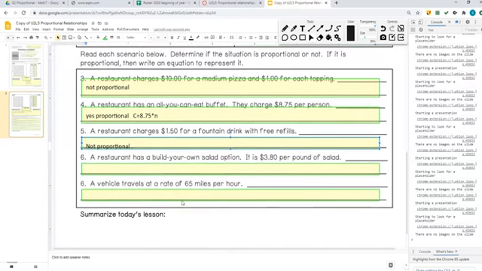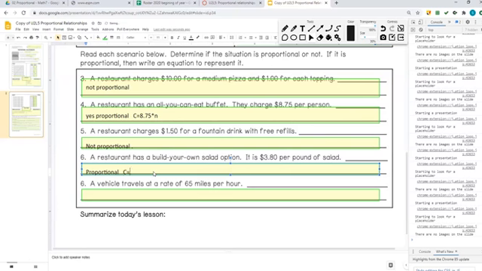Alright. So, a restaurant has a build your own salad option. It's $3.80 per pound of salad. Think about it, put in your answer. Proportional.